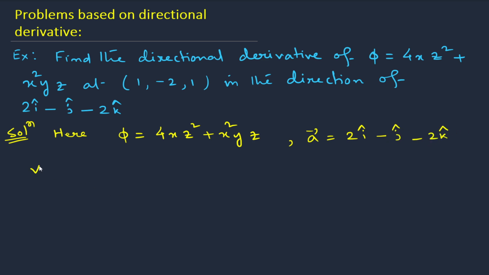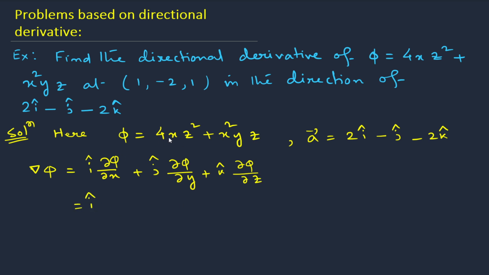First we need to find the gradient of phi, that is nabla phi. You know that it is i del phi by del x plus j del phi by del y plus k del phi by del z. So we have to differentiate now.